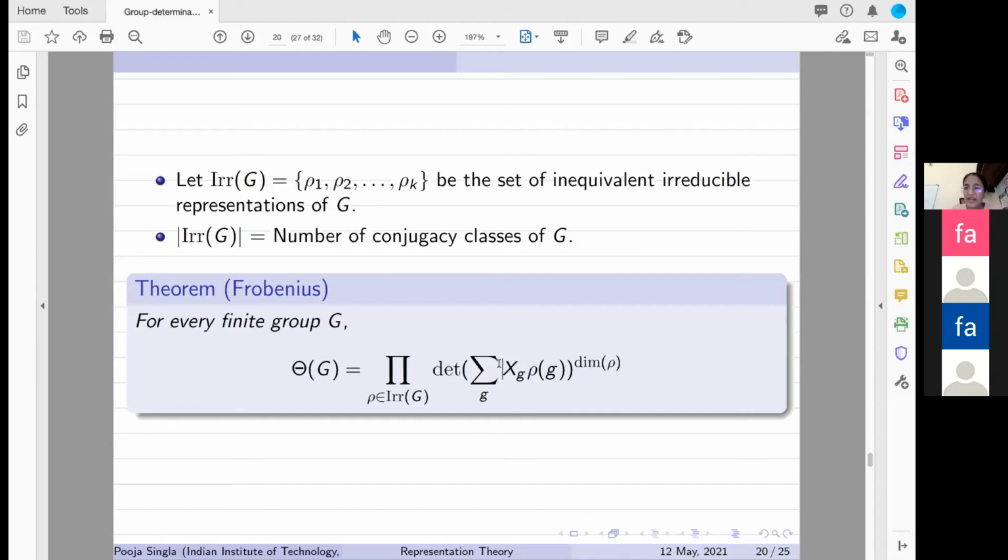This is going to be a matrix, which means that if rho has dimension greater than 1, this is not going to be a linear polynomial, right? It's going to be a polynomial of degree greater than or equal to 2, depending on the dimension. Whatever the dimension is, that's what you are going to see. And then there is the power of dimension of rho.